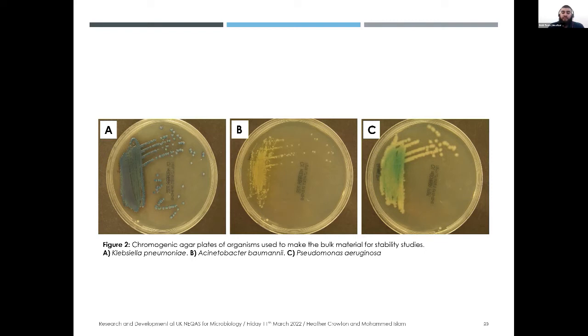This was a negative specimen. However, it was able to grow on chromogenic media. Upon further genotypic testing using the CARBA 5, it did produce a negative result, which is what we were expecting. This shows the importance of carrying out genotypic testing, even if it does grow on chromogenic media. And image C is of Pseudomonas aeruginosa.